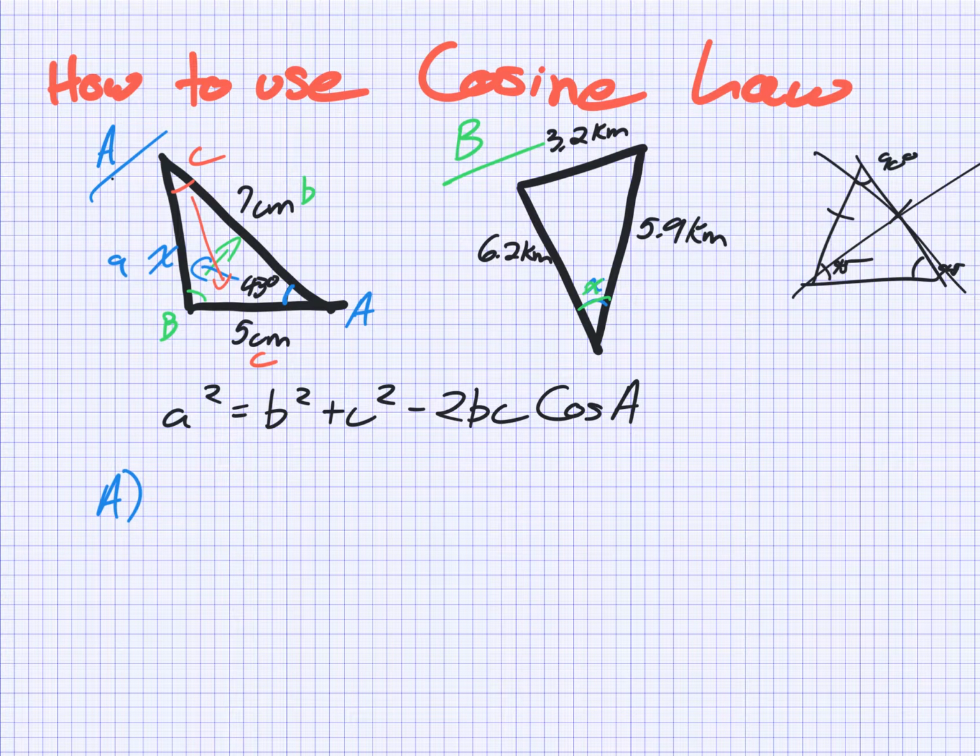Side A is actually our unknown, which is really important here, so I'm going to substitute x in for the letter A. We're going to call that x squared is equal to, B was 7, so 7 squared, plus C was 5 squared, minus the number 2 times 7 times 5, noticing I'm replacing the C's and the B's there, multiplied by cos of angle A. This angle in this case is 43 degrees.